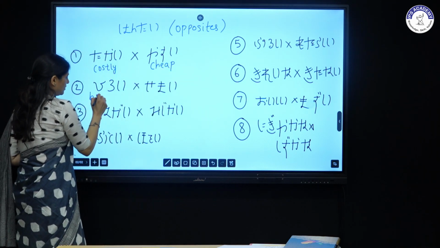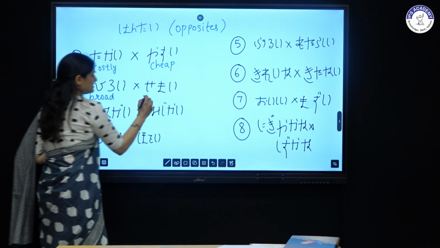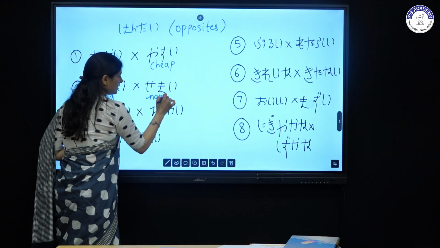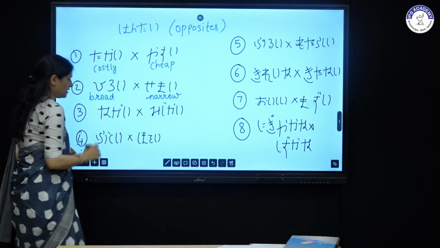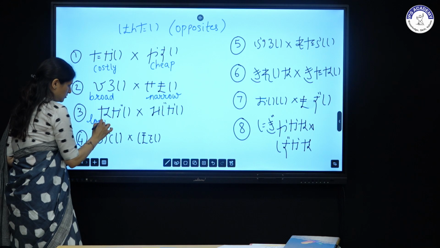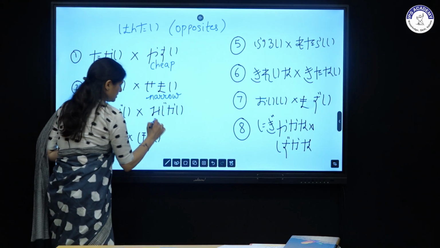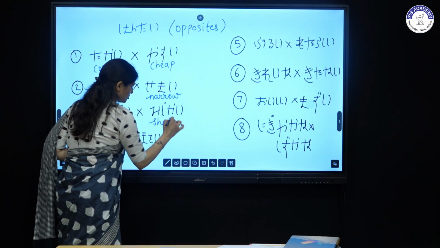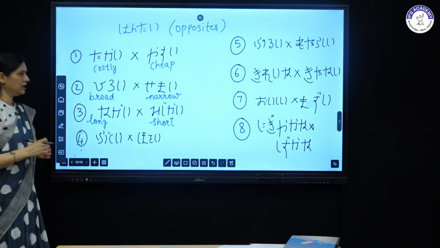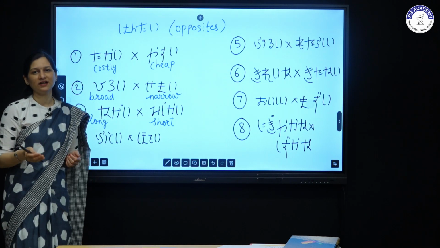Hiroi is broad. Semai is narrow. Nagai is long. Mijikai is short.